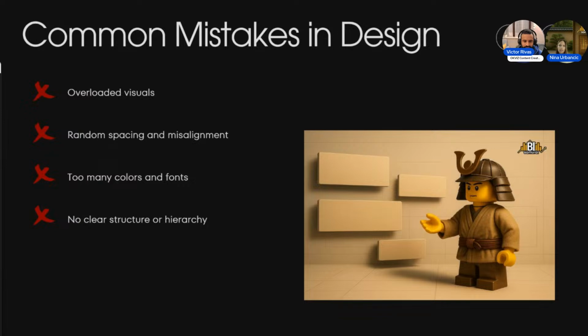So maybe not as much random spacing as no spacing, so no room to breathe between visuals. We have a rainbow of colors, so not really a consistent color palette or understanding of colors, because, for example, red and green, right? They shouldn't be used if it's not showing positive or negative variance. They shouldn't really be in bar charts as bar colors or line charts and so on.